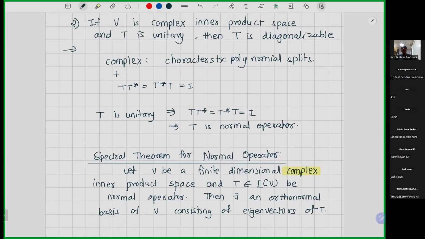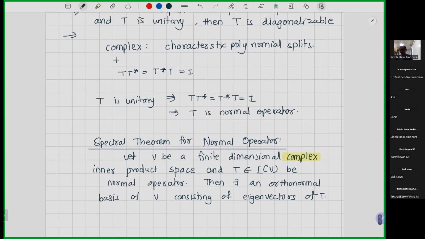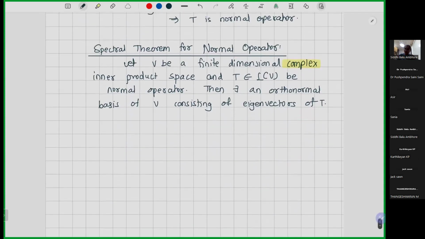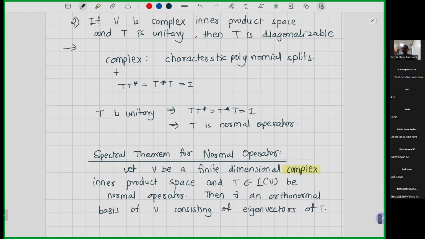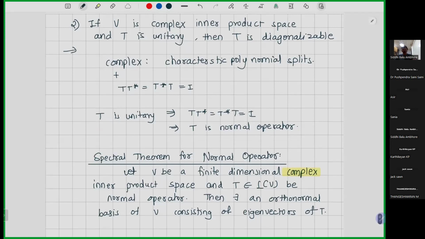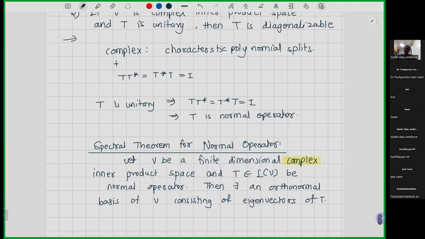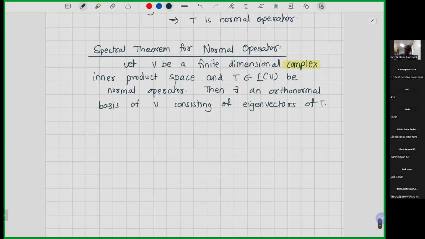The characteristic polynomial splits, so we have n eigenvalues, and we have an orthonormal basis consisting of eigenvectors. This was also one of the results helping us talk about diagonalizability: if we have a basis consisting of eigenvectors of T, then T is diagonalizable. And here we have an orthonormal basis consisting of eigenvectors of T. Therefore, this statement is true using the above theorem. Any doubts here?